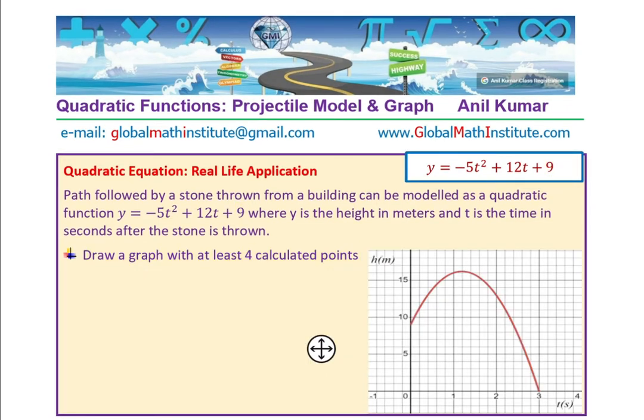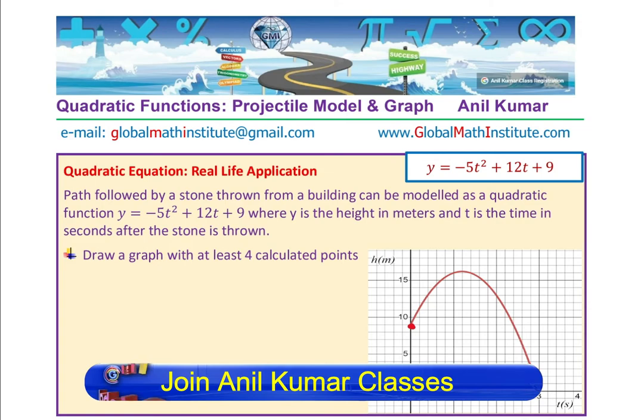Here is the final look at the graph. I'd like you to now review what did we do to solve this question. So we wanted to have so many things, right? So we first figured out the y-intercept. That is the initial height, right?